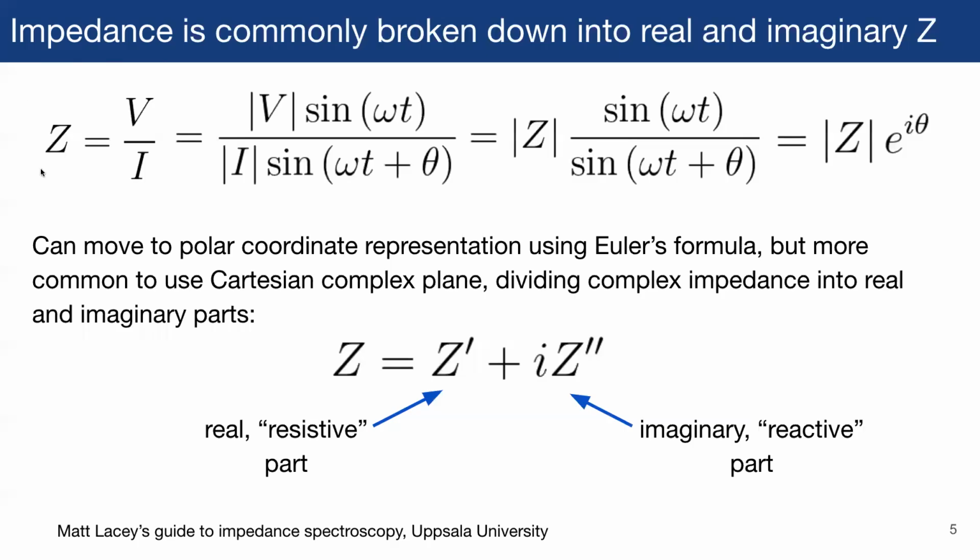If we consider just our Ohm's law in the context of an oscillating current, we can then use the terms that we just showed in the past slide, and develop this Z here, which is the magnitude of the impedance, and then this ratio of sine of omega t to sine of omega t plus theta.